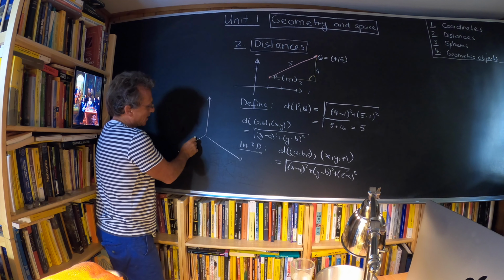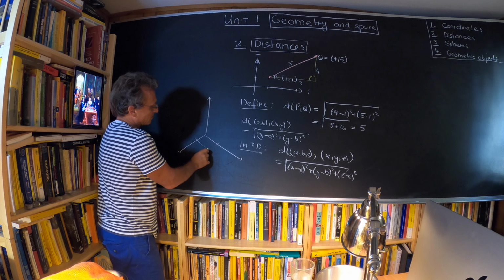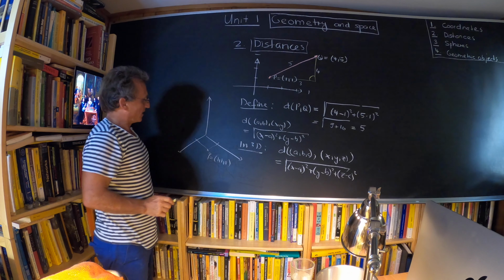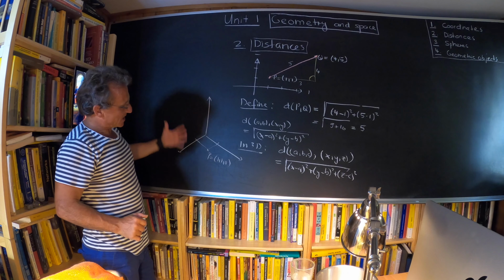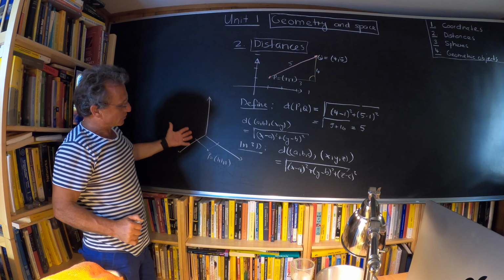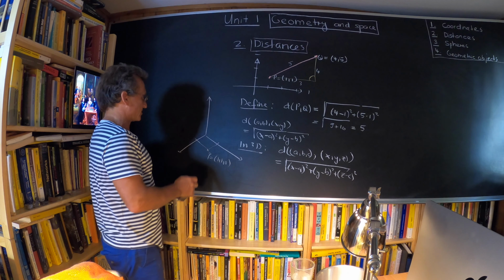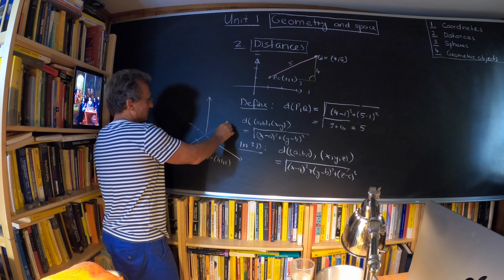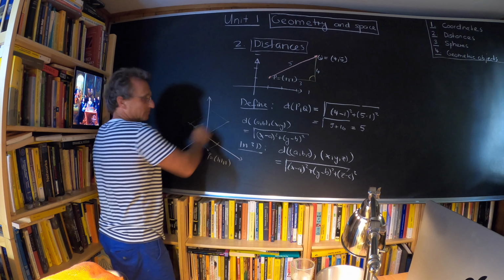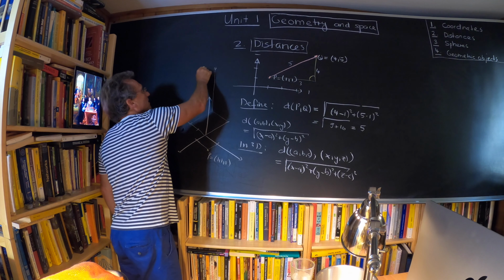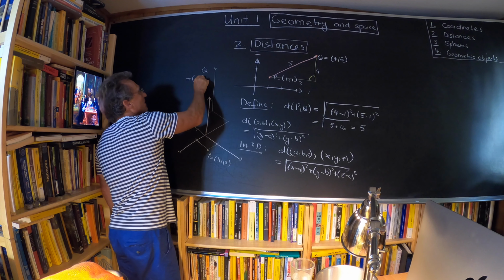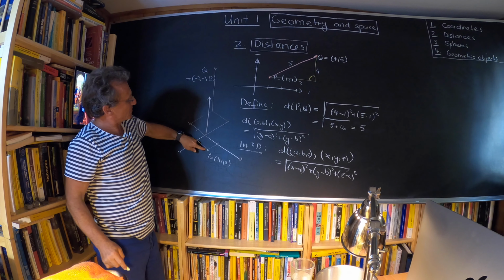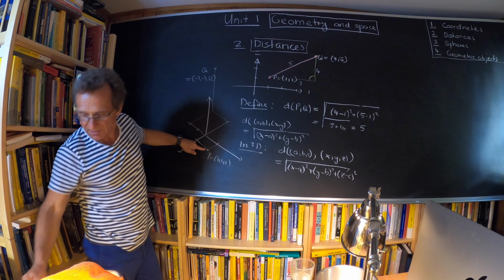If we have a point like P equal to (1, 1, 0), and then we have another point like (minus 2, minus 3, 12). So I'm going up here, 12. Now, if you want to compute the distance between this point and this point, you see that's kind of difficult to visualize a little bit.